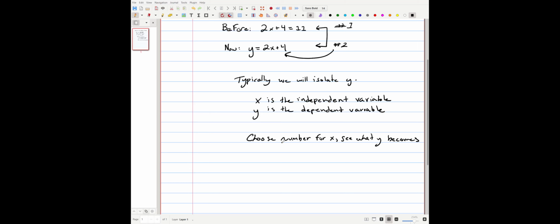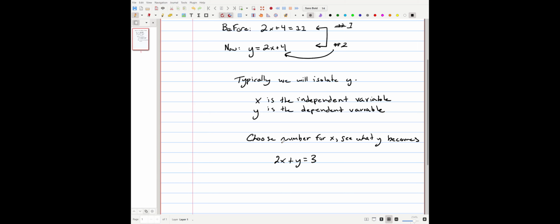So for instance, if we had an equation with x and y on the same side, this kind of becomes a little trickery. We say, well, what number for x and what number for y do we need to pick so that they add to 3?